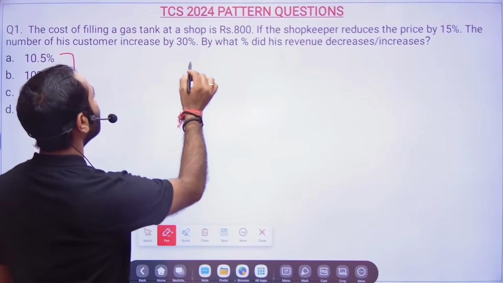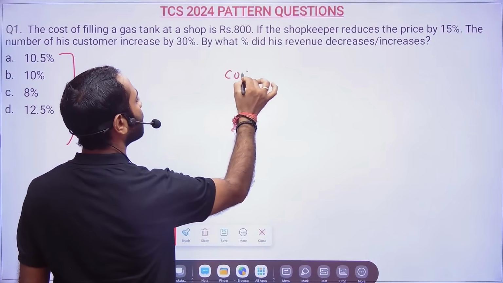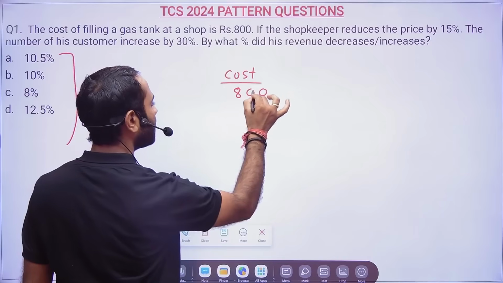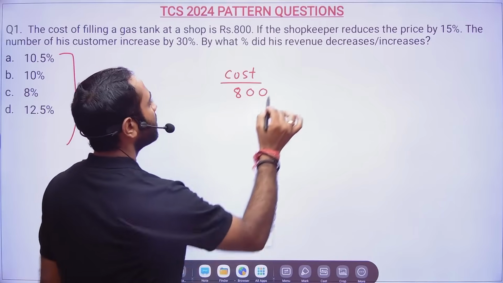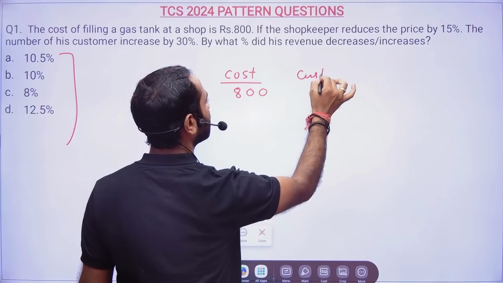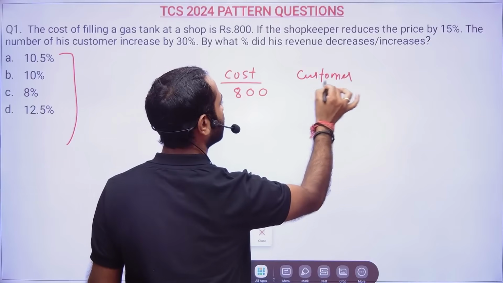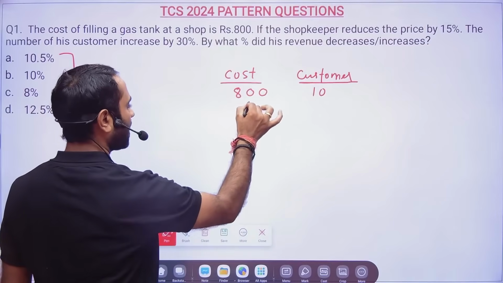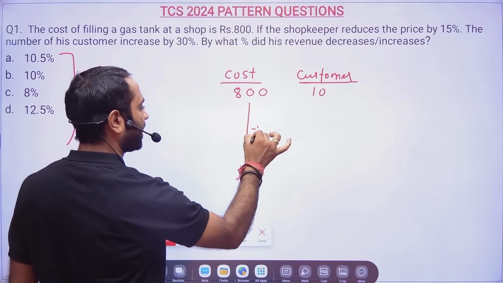So the cost of filling a gas tank is given as 800. And here I am going to assume the customers to be 10. Now, the shopkeeper reduces the price by 15%.